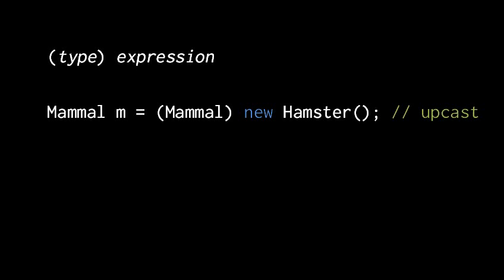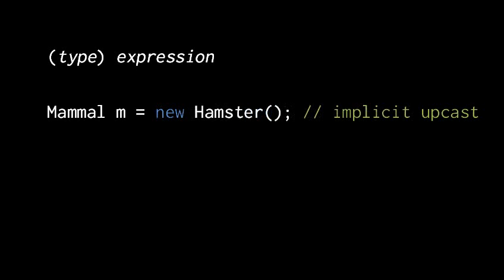Now, whereas casting is usually thought of as a kind of conversion of a value, in this case, nothing's really happening to the object, nor is there really a new object being produced. It's just that for the sake of satisfying the compiler, we're telling it, yes, this hamster object is a valid kind of mammal. And with upcasting, as we saw in the previous slides, you don't actually have to do it explicitly. If you just leave out the cast, Java will assume it's there. We can just leave upcasts implicit.